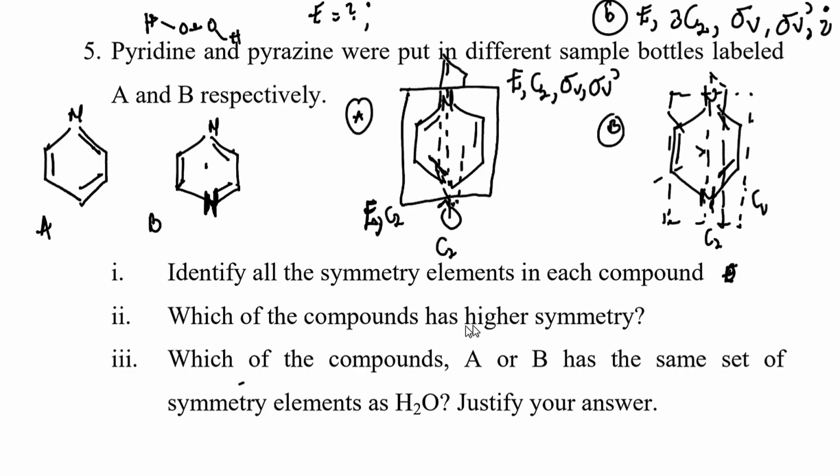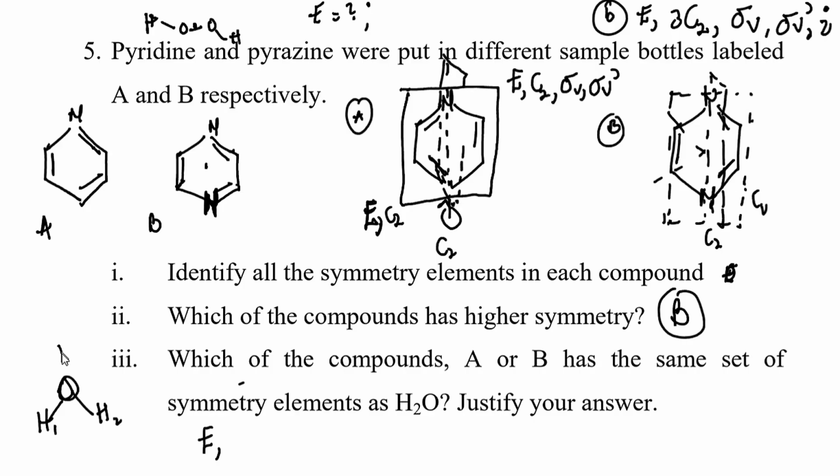Which of the compounds has higher symmetry? Compound B has higher symmetry. Which of the compounds, A or B, has the same set of symmetry as the water molecule? Let's look at it. The water molecule is like this. Is there identity here? Yes.